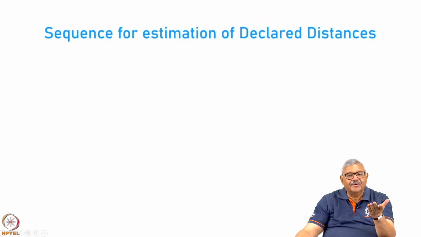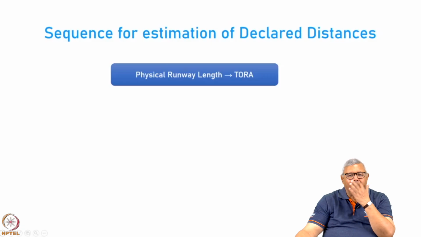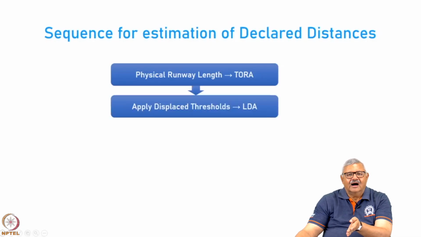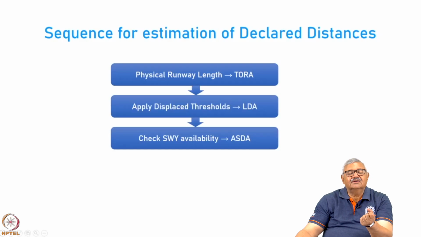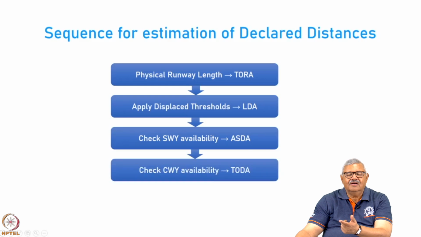available. Now, just to brush up, what we do is we first look at the physical length and fill the TORA table. After that, we apply displaced thresholds if any at runway ends, to get the LDA. After that, we check the availability of the stopway, and if there is one, we adjust the value to get ASDA.